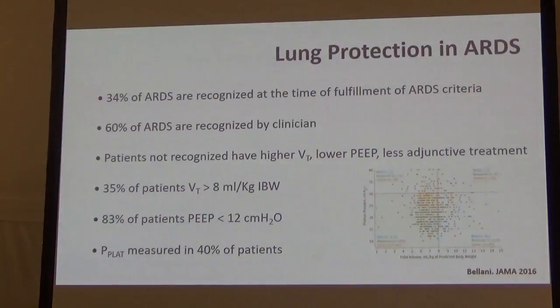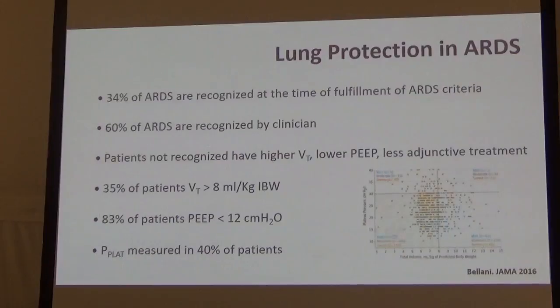How is it done? We don't have results for all the patients, but we have some results for ARDS patients. In the LUNG SAFE study, they reported that only 34% of ARDS patients are recognized by the clinician at the time of fulfillment of ARDS criteria, and that overall only 60% of ARDS are recognized by the clinicians.